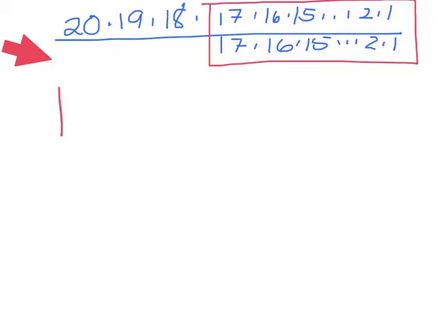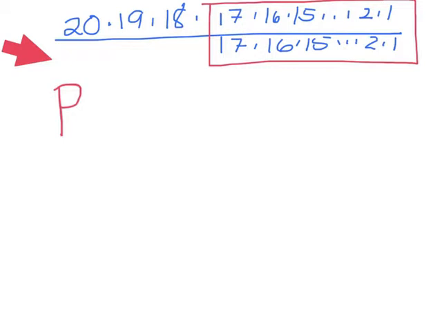So this in the box is equal to 1. If we look at that, the numerator is really a permutation of 20 things, and the denominator is a permutation of 17 things. And what we did is we chose 3 out of those 20.